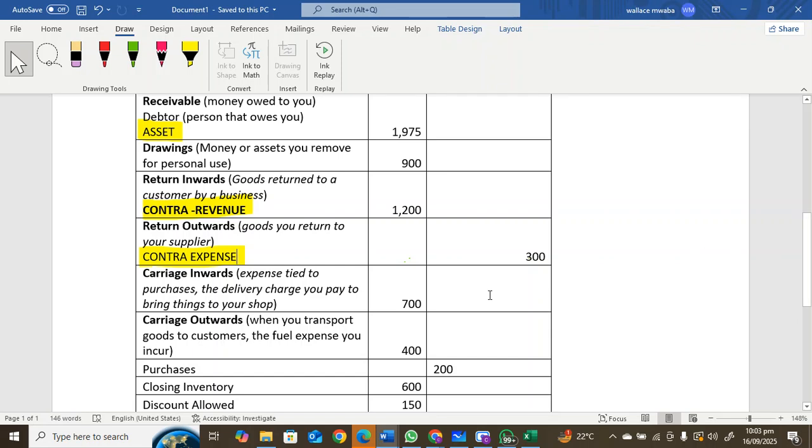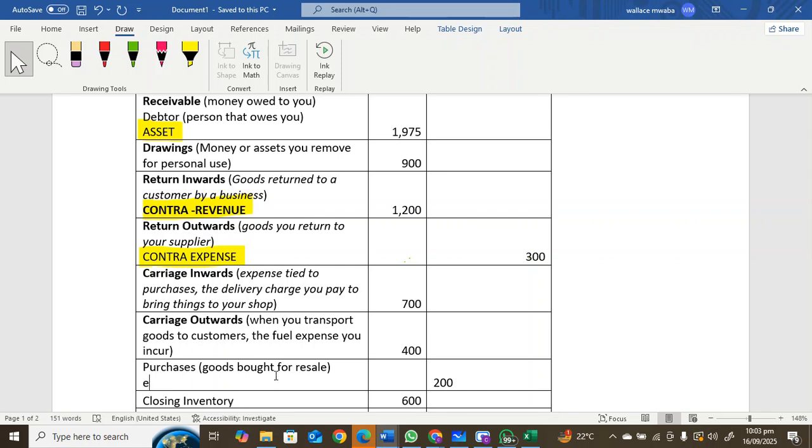So it's an expense, right? So we have expense here.